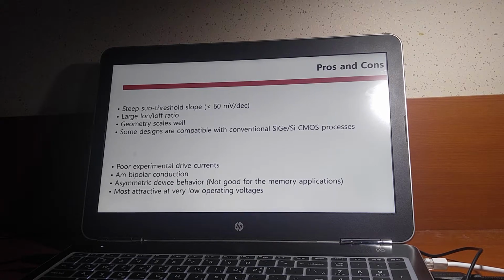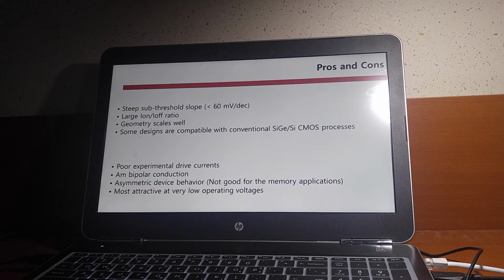Second, large on current and low off current. Third, geometric scaling is very good, and some designs are compatible with conventional silicon-germanium and silicon CMOS processes.